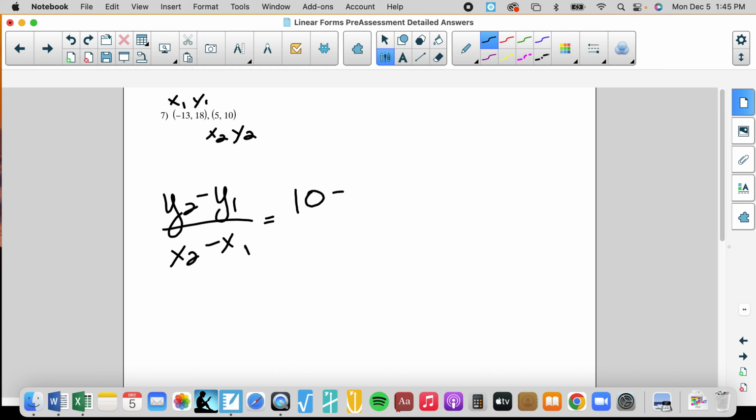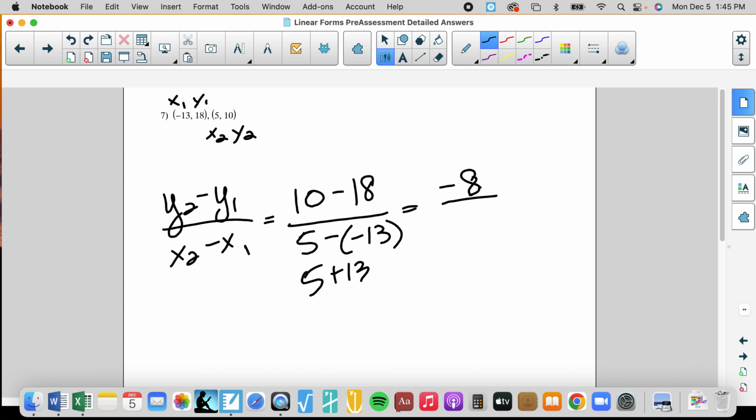I look up at it, minus y sub 1, that's 18, over x sub 2, 5, minus my x sub 1, which is negative 13. 10 minus 18 is negative 8. 5 plus 13 is positive 18. Negative 8 over 18 can be simplified to negative 4 over 9. And no number goes into 4 and 9. So my answer is negative 4/9 as my slope.